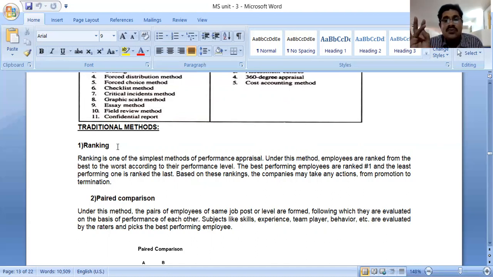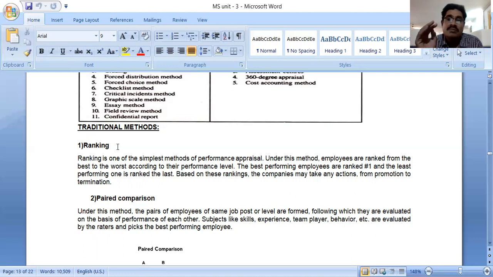Salary, roof, work pressure, and work conditions are all the same, but the worker's performance is checked here. Based upon the performance levels, we give the ranks: first rank employee, second rank employee, third rank employee, last rank employee. This type of ranking system is called the traditional method ranking system, right?